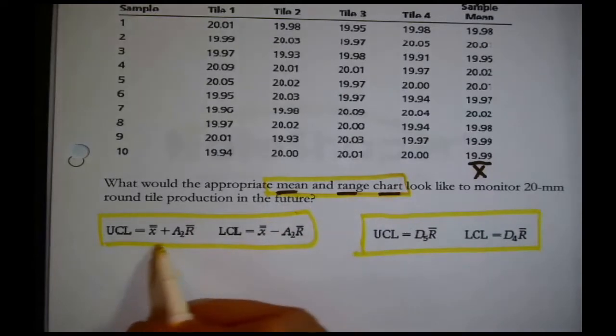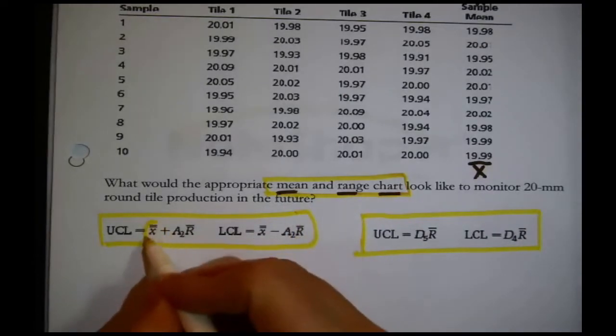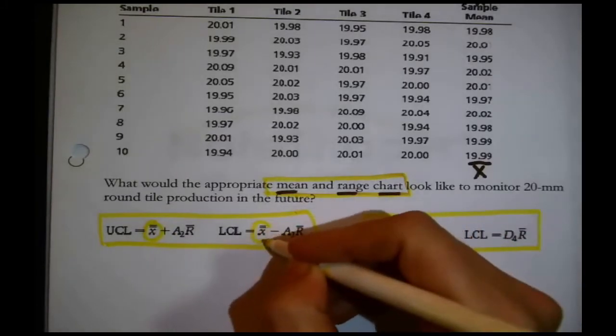Oh, okay, I think we can start filling in this formula, except the first thing that this formula asks for is not X bar, but X double bar. That is really easy to find from these observations. X double bar is just the average of the averages.